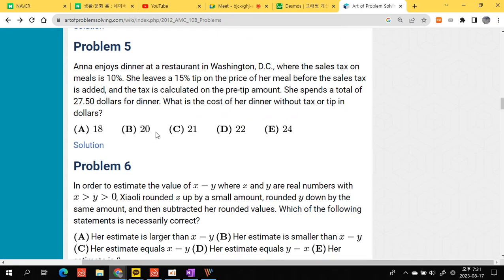Number 5. So the total is like 25%. So if a 25% increased value is $27.5, what will be the original? That's the question. So it's like dividing 27.5 by 1.25.